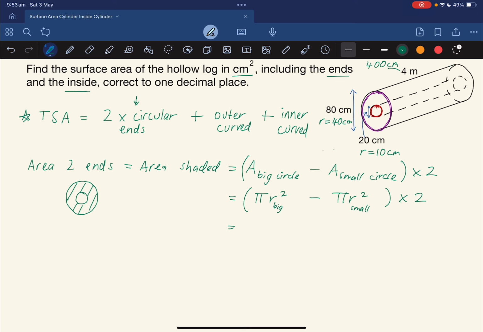Then looking at it, remember to use our radiuses here. All right. So our radius of the big, you can draw it out if you need to, okay? Radius of the big is 40. And our radius of the small was 10.